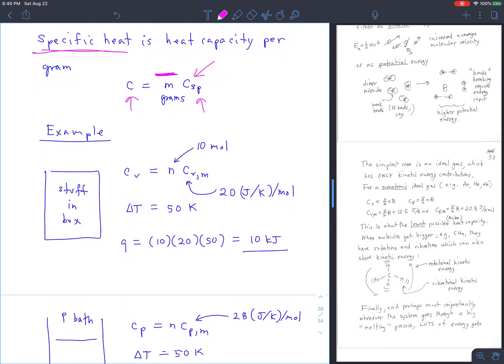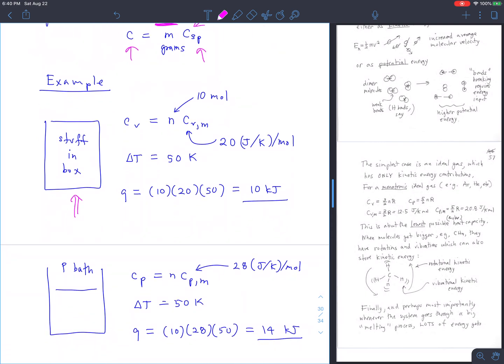Okay, let's do some examples. Let's suppose you have some stuff in a box that we won't bother to say what the stuff is because it doesn't matter for the present purposes. We say that it's got a fixed volume, this box does, so the heat capacity at constant volume is what we want. We're saying that there's 10 moles of stuff in there, whatever it is.